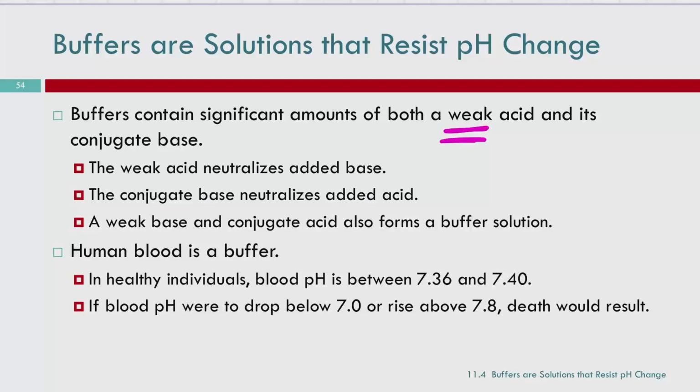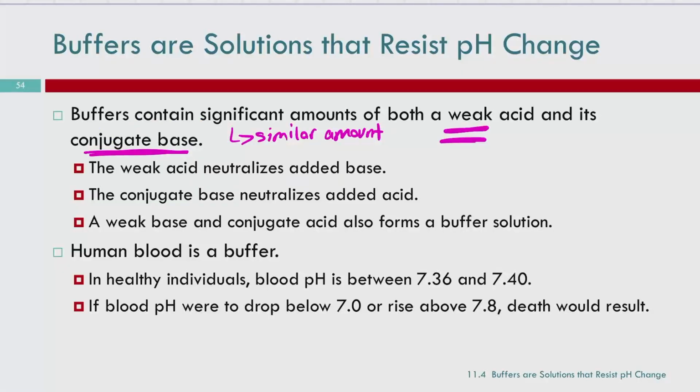Has to be weak, has to have the conjugate. And the reason that this is special is the weak acid does not completely ionize in solution, so we have some of the weak acid parts left in solution. We also have the conjugate base that's in solution.